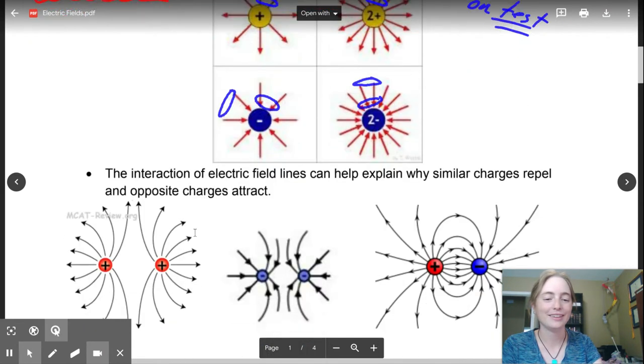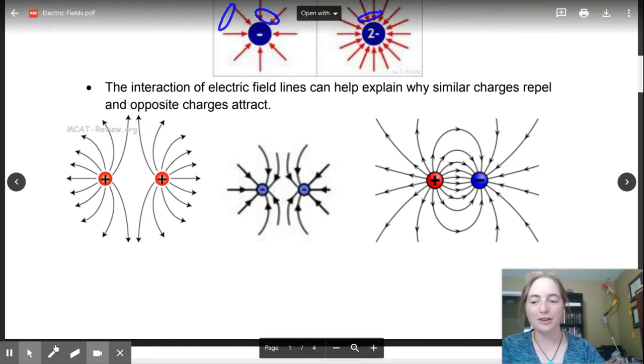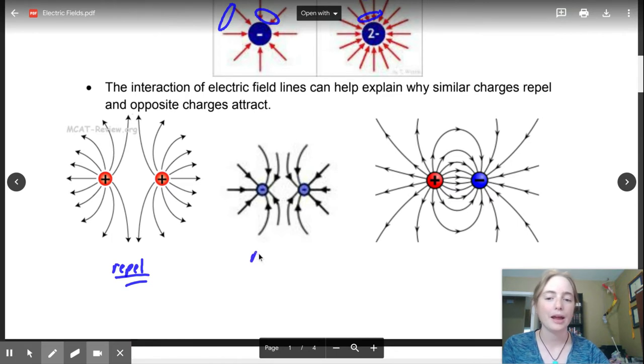Okay. So when we have field lines interacting, that's always cool. That is where you can really see how like charges repel and how opposite charges attract each other. All right. So here you can see you have repelling going on here, and repelling going on here.